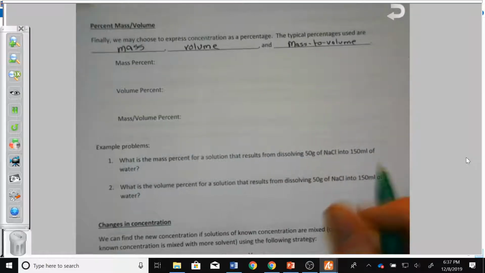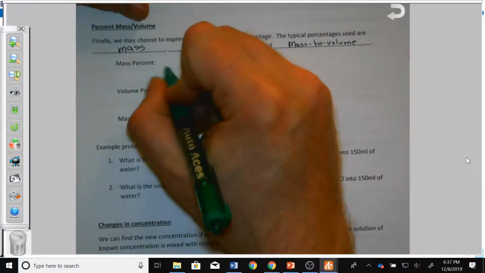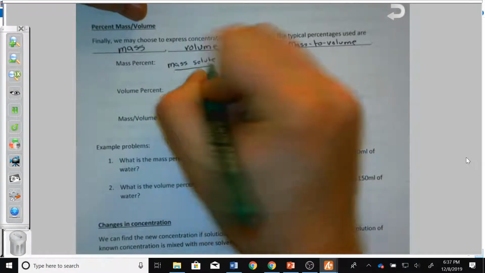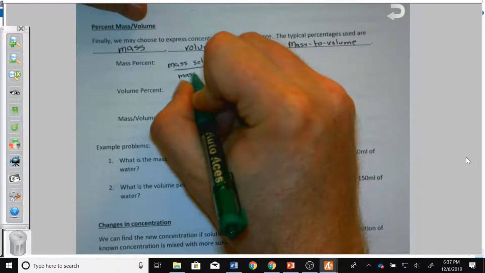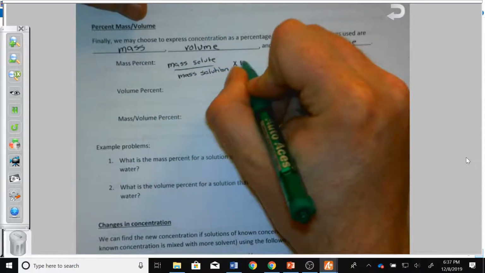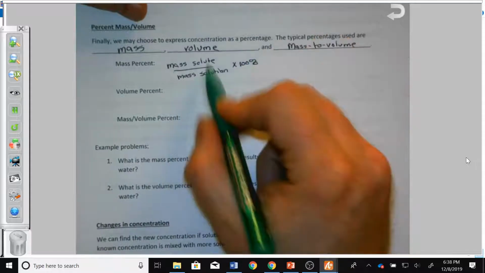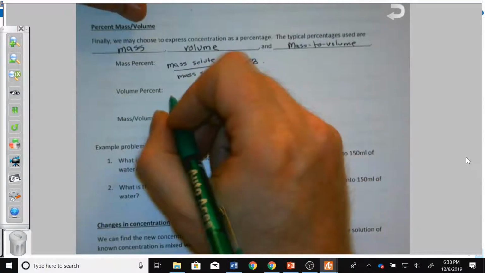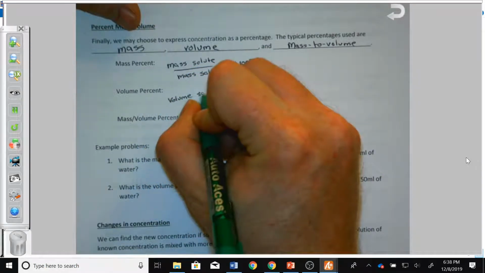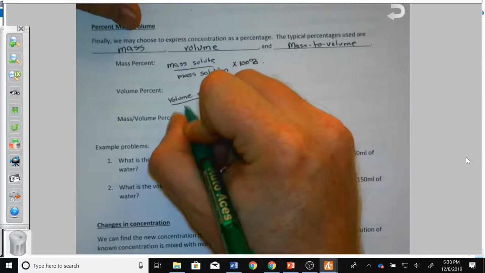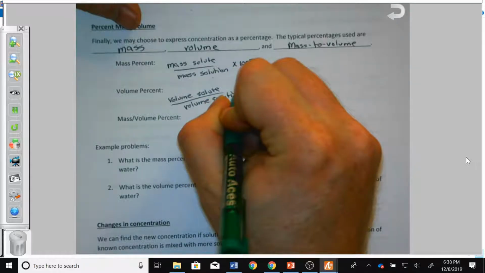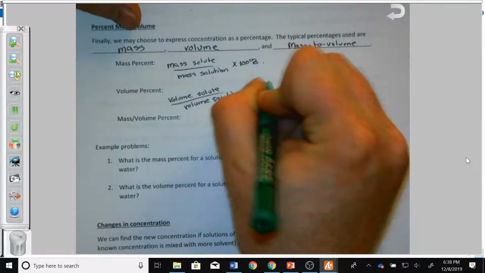And they're done really easily. A mass percent is just the mass of the solute divided by the mass of the solution times 100, part divided by whole times 100. And volume percent is going to be the volume of the solute over the volume of the solution, and again times 100%.